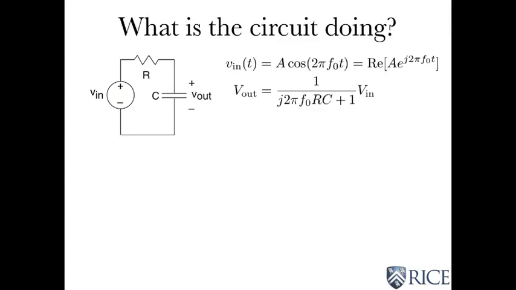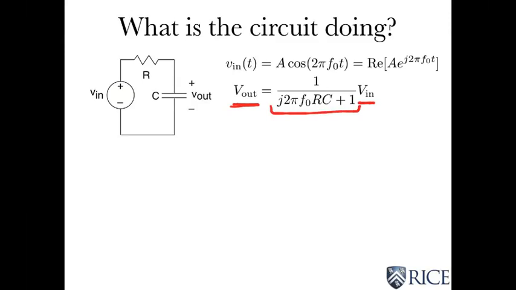We derived a relationship between the complex amplitude of the input and the complex amplitude of the output by using voltage divider. Very simple calculations. And this we're going to concentrate on. This is the transfer function.